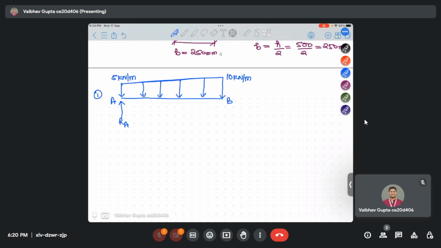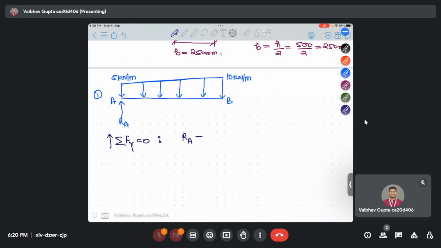So if I take the vertical equilibrium, sigma Fy is equal to 0, which implies Ra minus the equivalent load acting. It is nothing but the area.